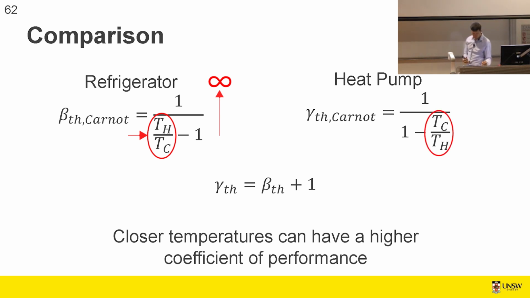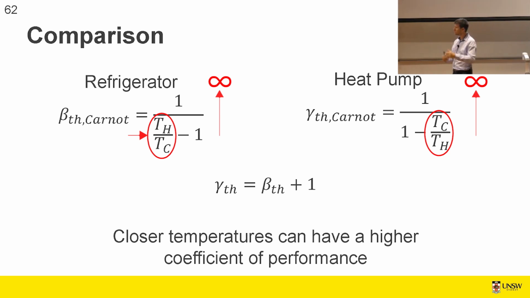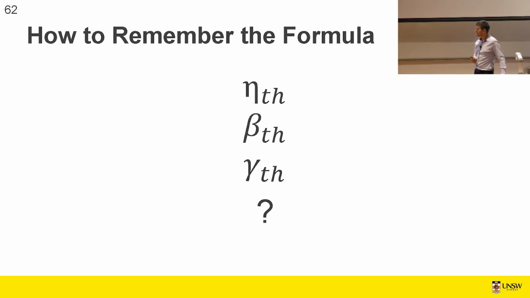As this approaches 1, so TC is always going to be less than TH, okay? But as that ratio approaches 1, the coefficient of performance approaches infinity as well. So it's harder to move heat between temperature reservoirs that are further apart in temperature. It's easier to move heat between reservoirs that are closer in temperature as a ratio. Just something to think about.